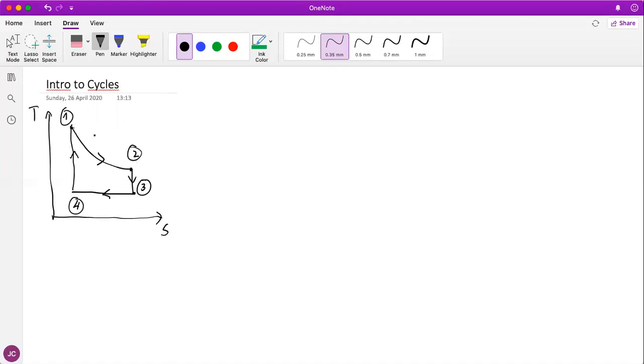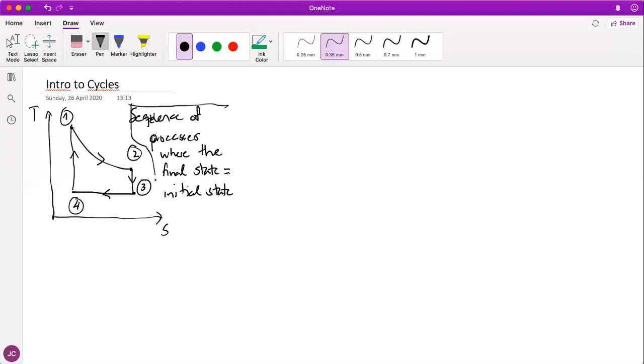So this is actually the concept of a cycle, which is a sequence of processes where the final state equals the initial state. Okay, so this is just the wording of what you have here at your right, in this diagram.